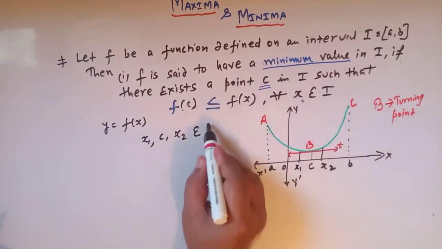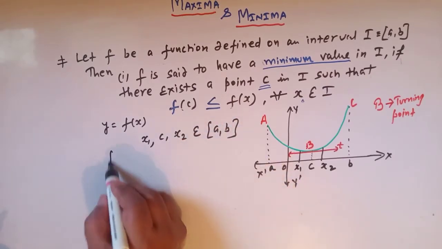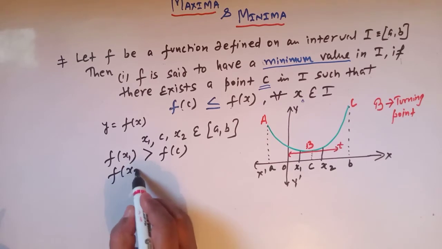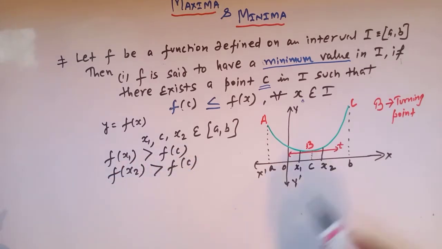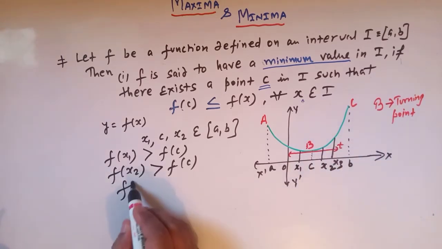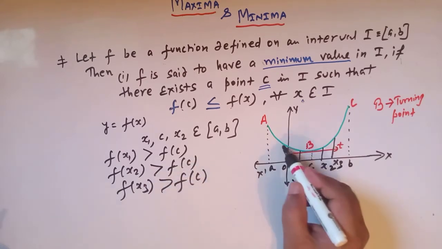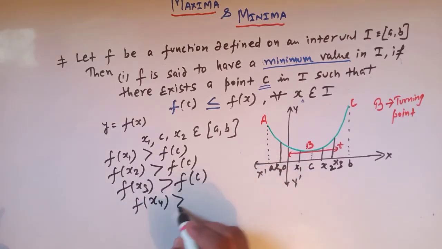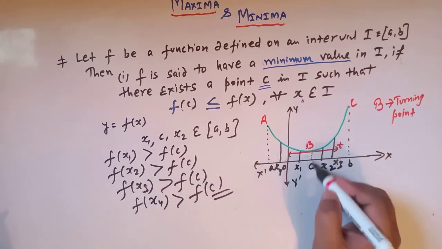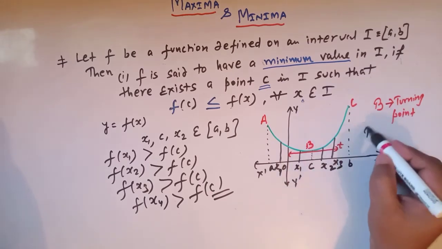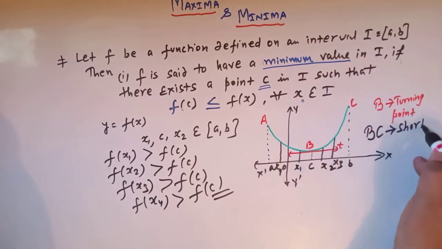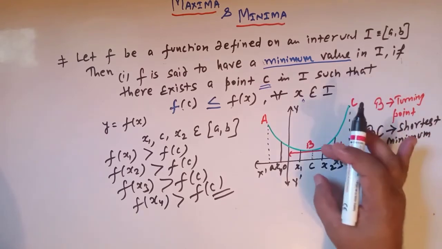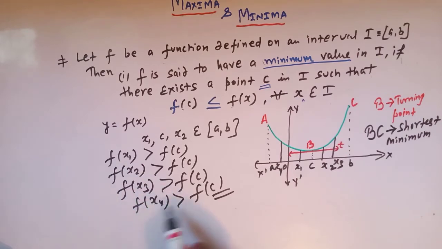All these belong to this interval a comma b, and we see that f of x1 is greater than f of C. Similarly, f of x2 is also greater than f of C. Similarly, if we take this point x3, f of x3 is greater than f of C. If we take this point x4, f of x4 is also greater than f of C. So this line segment or ordinate BC is the shortest or minimum among all these ordinates f of x1, f of x2, f of x3, f of x4 and so on.